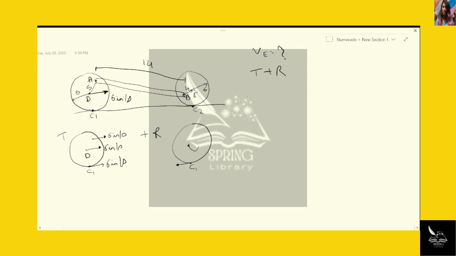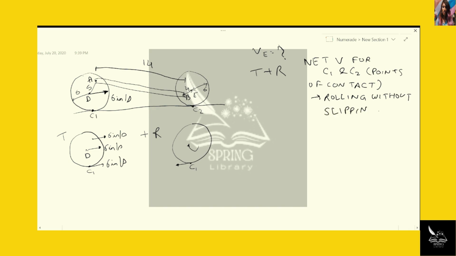Let me write this rule down: the net velocity for C1 and C2, which are points of contact, is 0 if rolling without slipping.